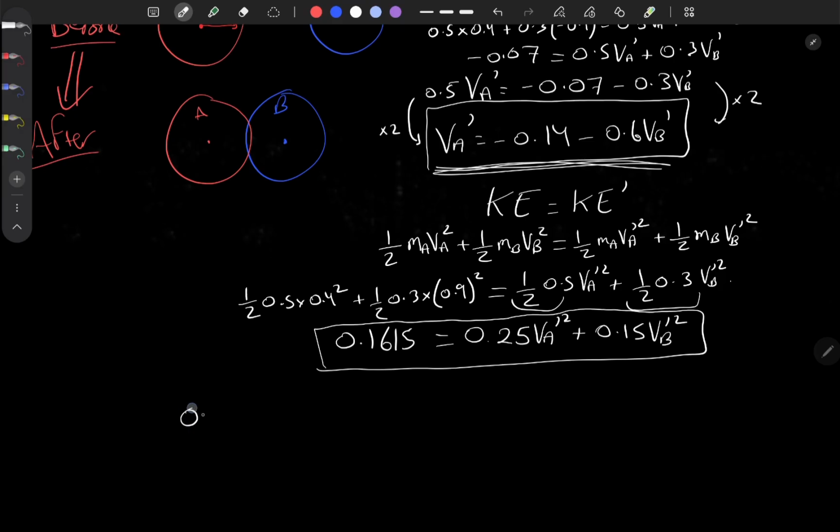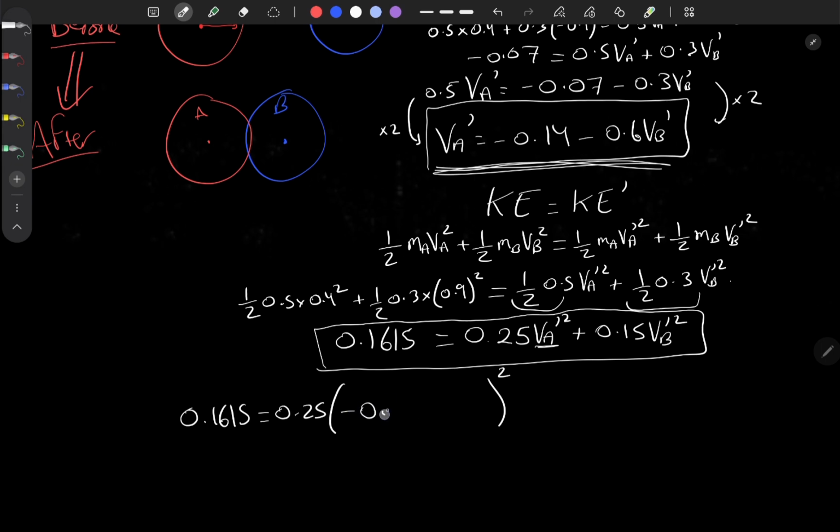So we're going to say that this is all equal to 0.1615, which is equal to 0.25. Now V prime A, all of whatever goes here is going to be squared, right? Remember, because we're replacing VA prime, so everything that's VA prime will end up being squared.